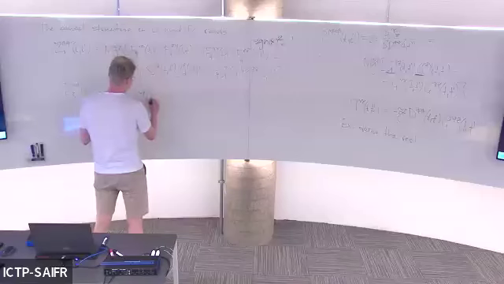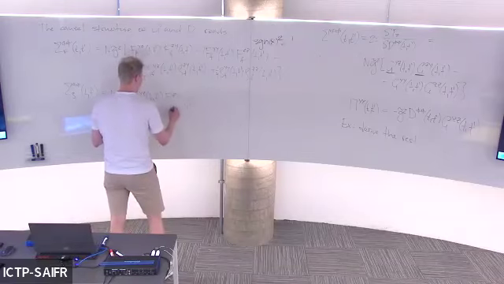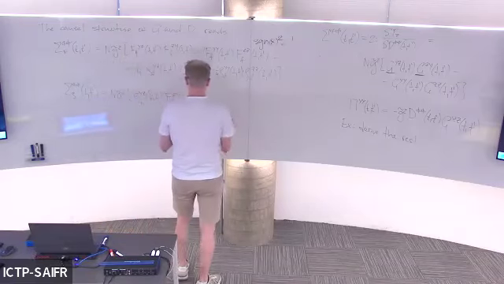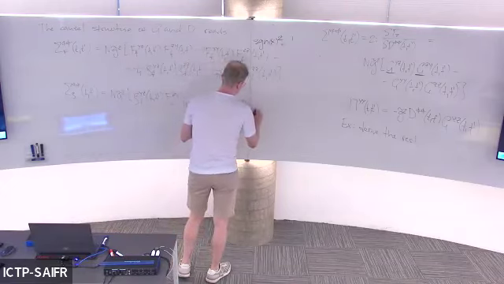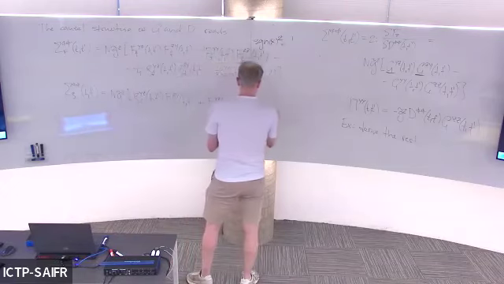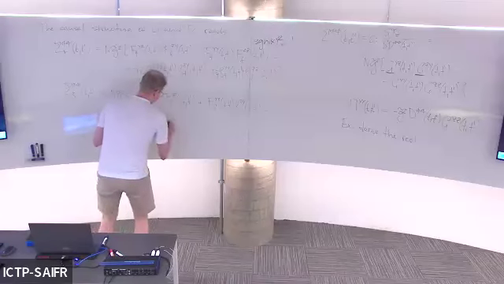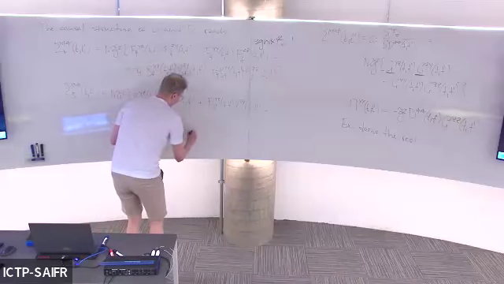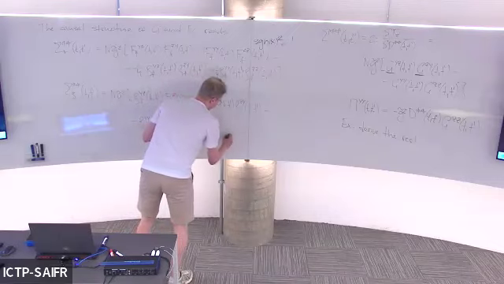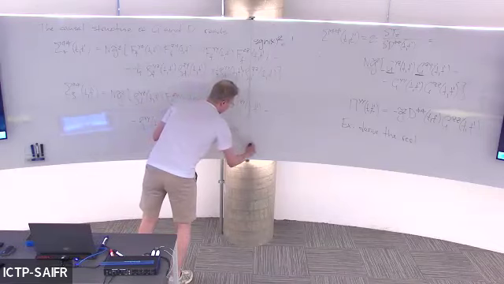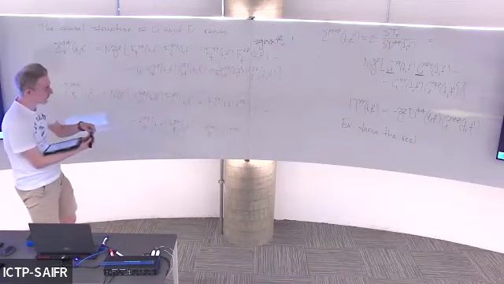So you have rho y z prime F z y prime, and y z prime rho, then minus rho that. That's it.